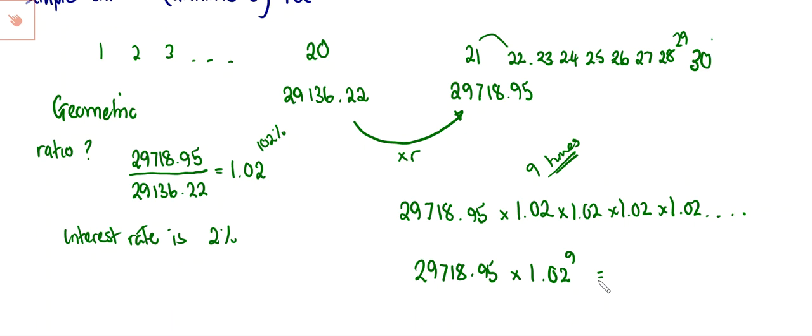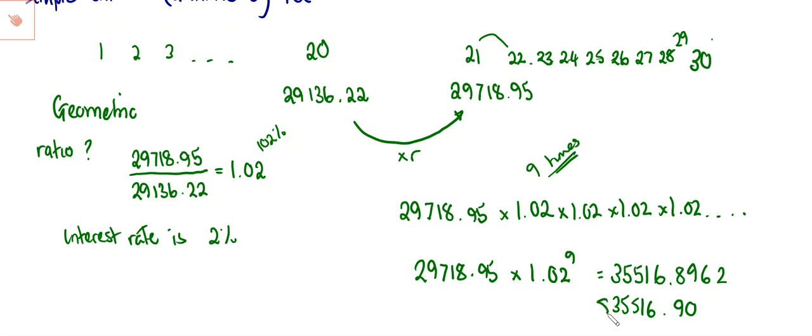355... 16 point... So let's round that to 35,516.90.